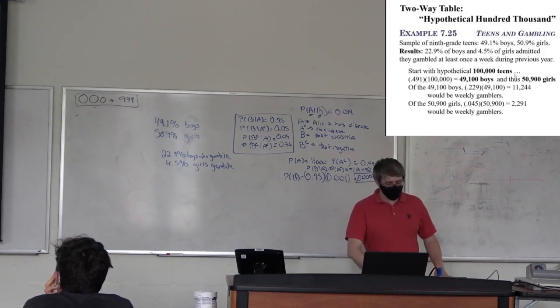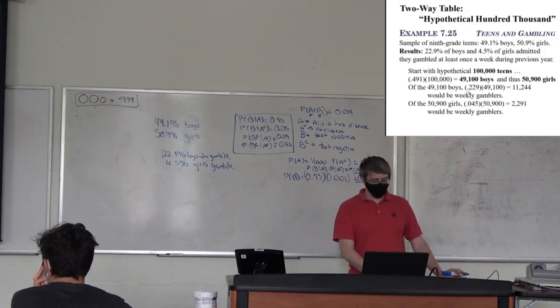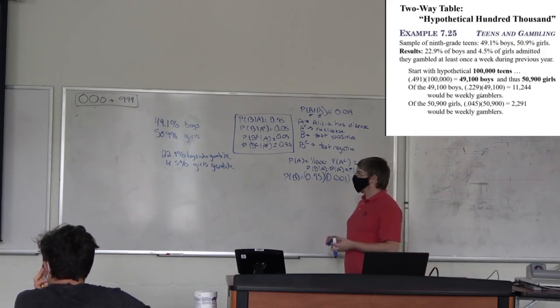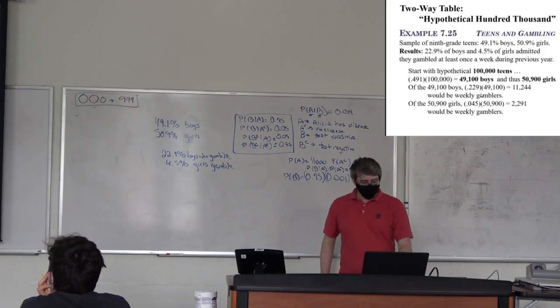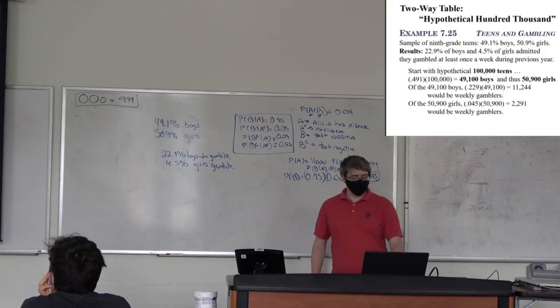And so this is just multiplying the probability that they're a gambler by how many there are to get a total sample size. So we can get into a table like this.